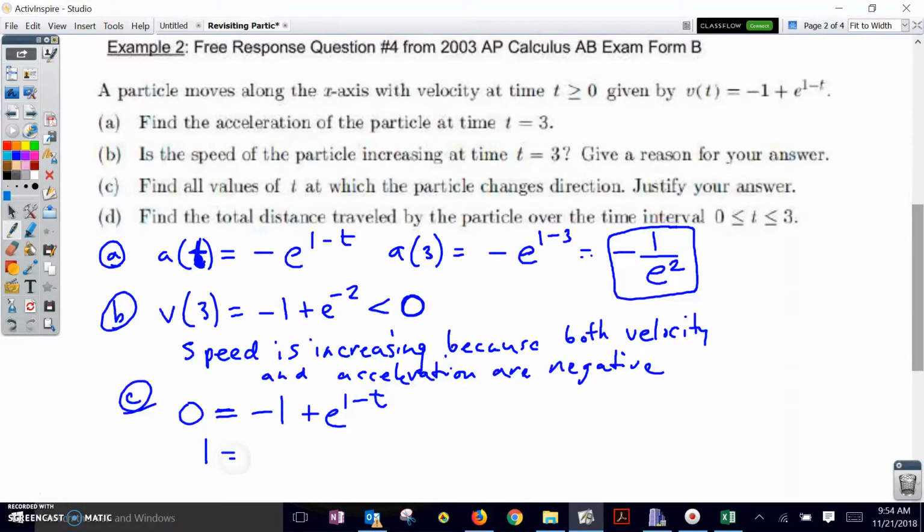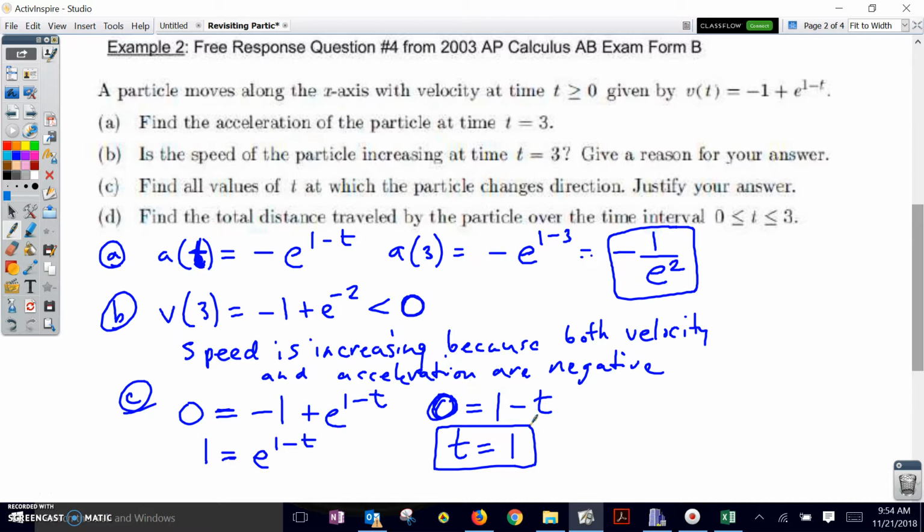So we've got 1 equals e to the 1 minus t. Taking the natural log of both sides, natural log of 1 is 0. And the natural log of e to the 1 minus t is just 1 minus t. And so we find t equals 1.